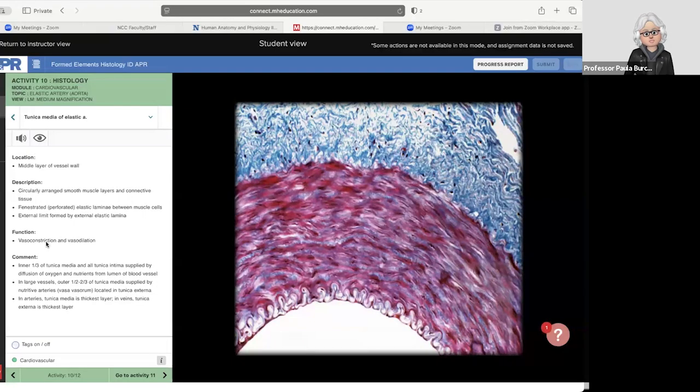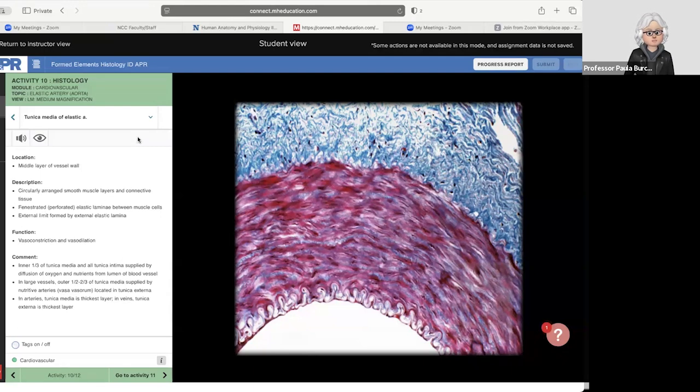When you have vasoconstriction, the lumen becomes smaller because the smooth muscles are contracting. When you have vasodilation, the lumen becomes larger because the smooth muscles are relaxing. Recall, arteries have a thicker tunica media than veins when you're comparing the same size vessel. So go ahead and read about that.